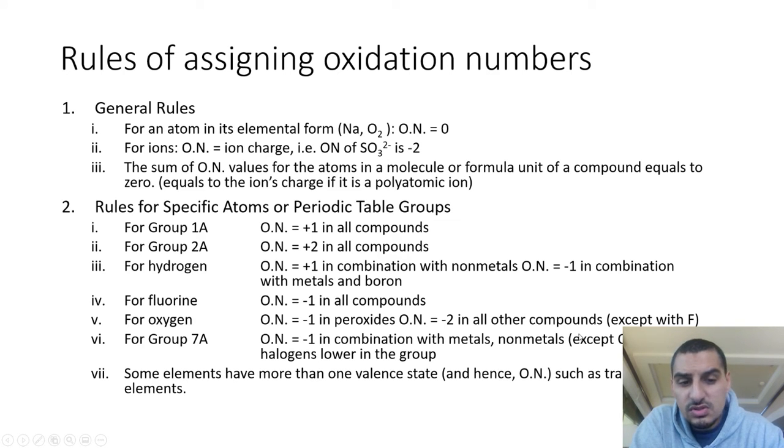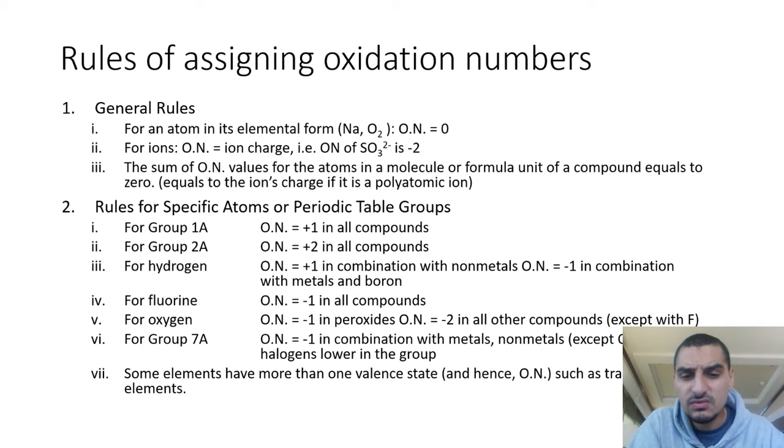But for oxygen, if you have something like hypochloric acid, it's not going to be -1. And for oxygen, it is -2, except for the peroxides, where it's going to be -1.